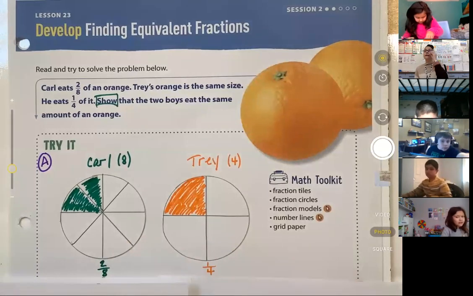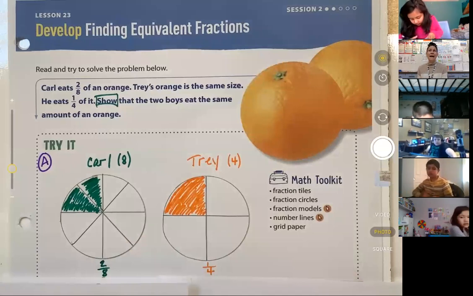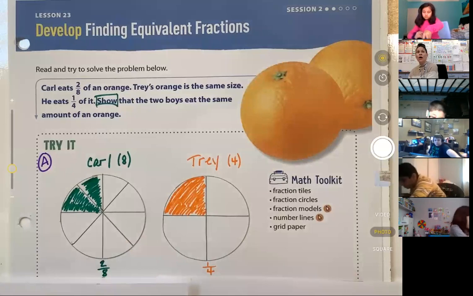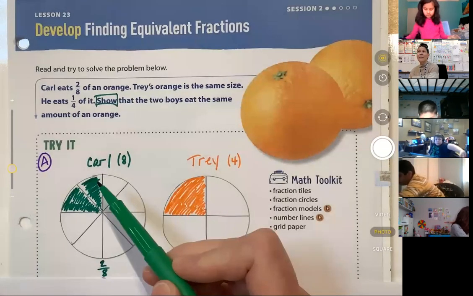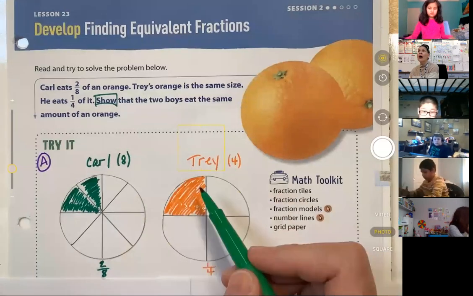And we can see through our model that the amount of orange that Carl ate and the amount of orange that Trey ate are the same.